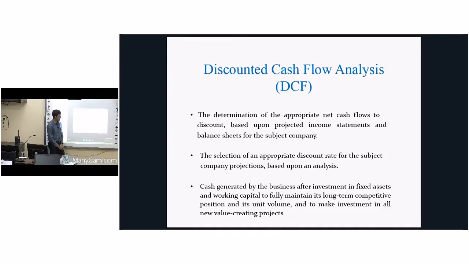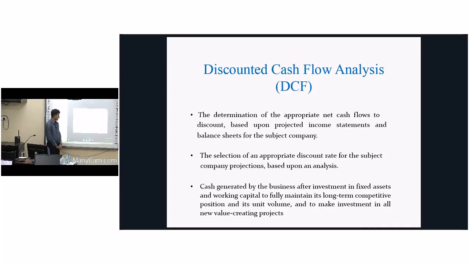So in this method, what we do is we use the financial statements of the organization, taking basically the retained profit, converting it into the cash flows of the business, and then use a discount rate to convert the future cash flows into today's value. How do you do that? So basically, determine the appropriate net cash flows to discount based upon projected income statements and balance sheet for the subject company.